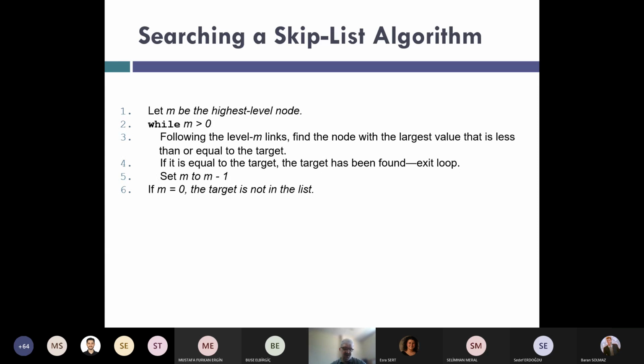So this is the search operation. We continue with the highest level and decrement the level one by one until 0, and find the node with the largest value that is less than or equal to the target.